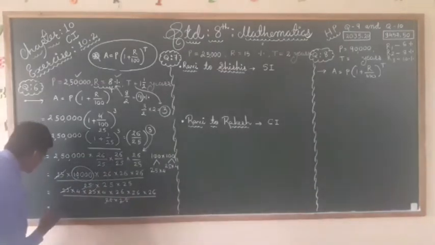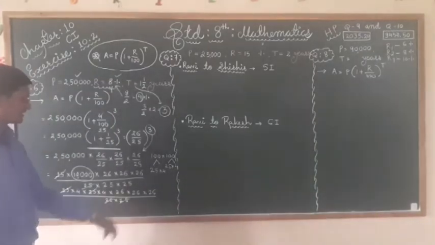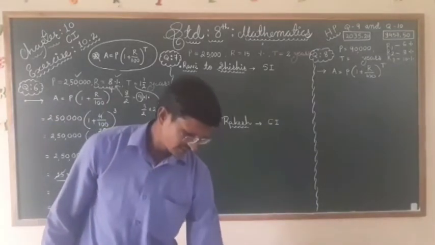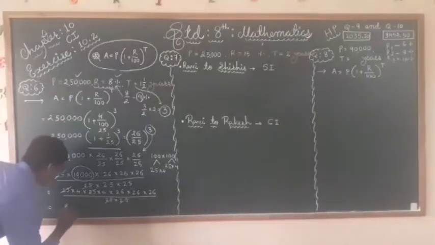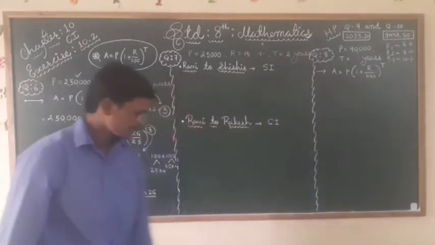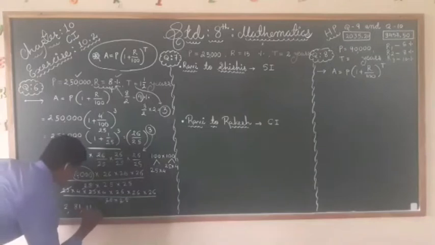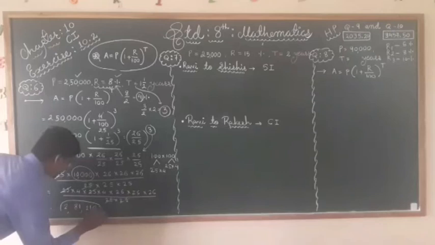If you do the multiplication, 16 into 26 into 26 into 26, ultimately you will get the answer, that is 2,81,216, as an amount.